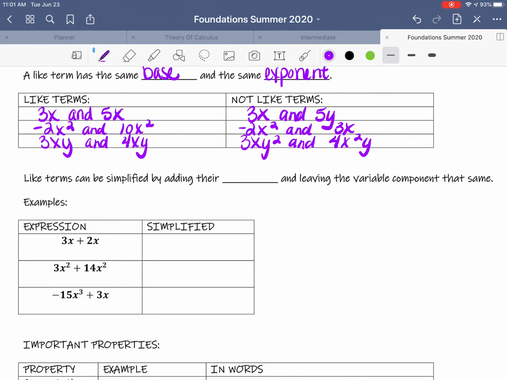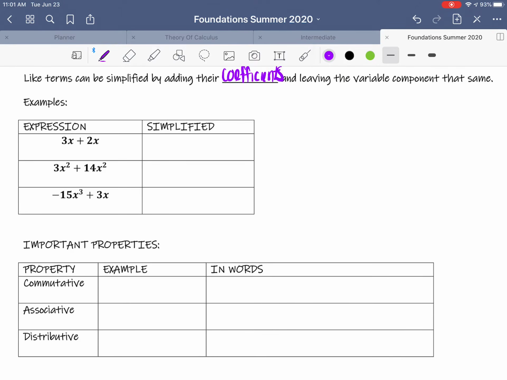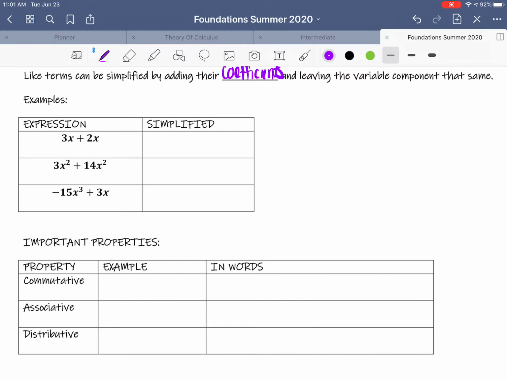Like terms can be simplified by adding their coefficients, and then you leave the variable component the same. So for example, 3x plus 2x is kind of like saying 3 M&Ms plus 2 M&Ms makes 5 M&Ms. And then 3 Skittles plus 14 Skittles makes 17 Skittles.